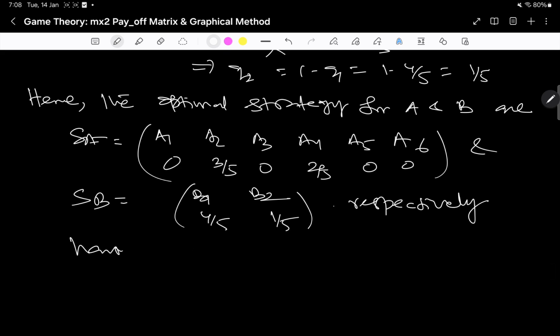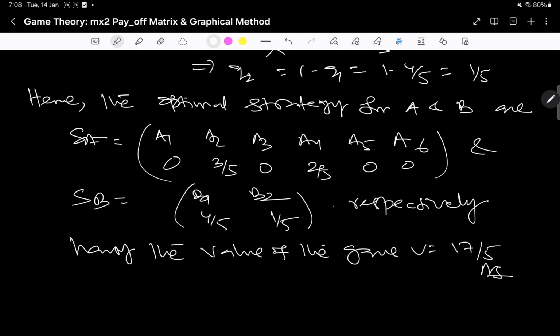Having the value of the game V is equal to 17 by 5. So this is your answer.